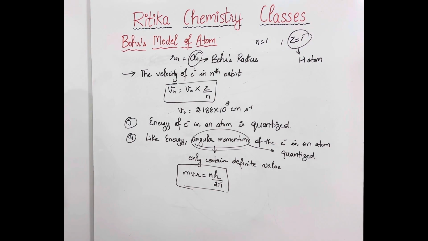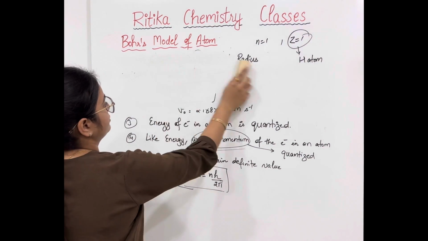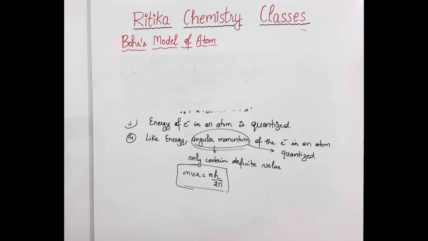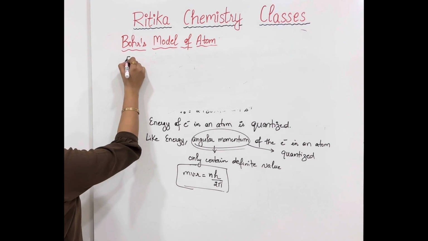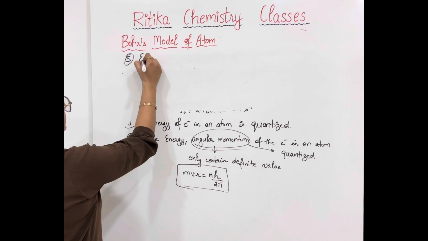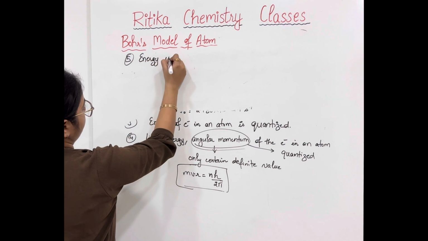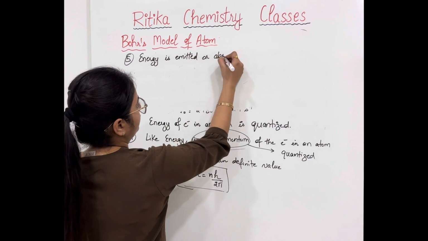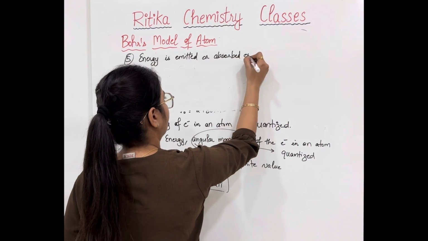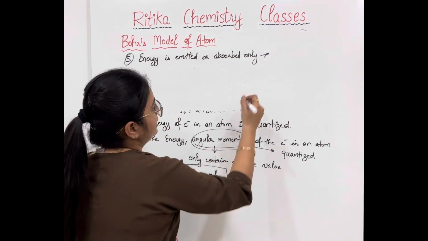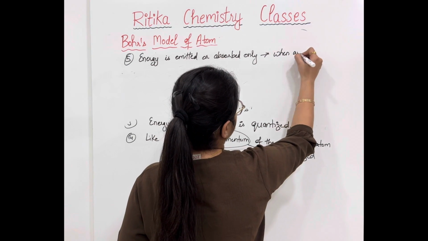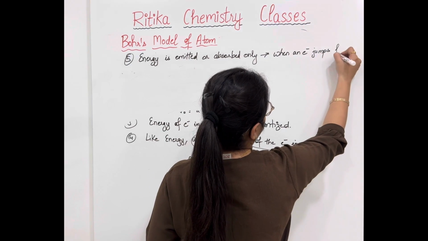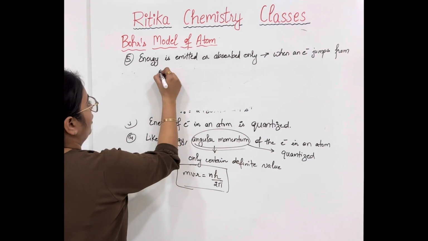Write down last postulate, which is postulate number 5. Energy is emitted or absorbed only when an electron jumps from one orbit to other.